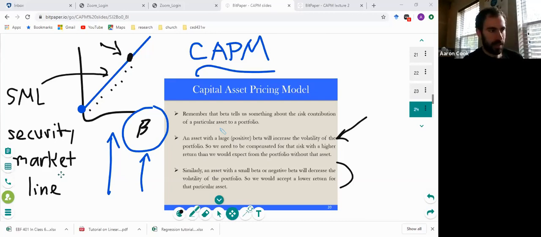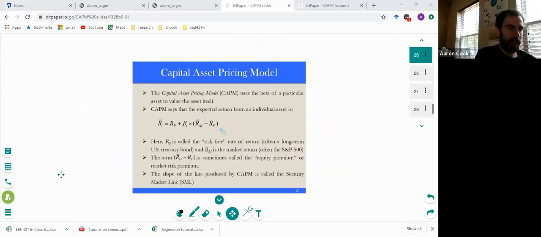So this security market line is analogous to that maximum Sharpe line, insofar as it represents the combination of all risk and returns that you can get if you combine the risk-free rate, not with a single asset, but with a well-diversified market portfolio. Right, and so we have this relationship here.